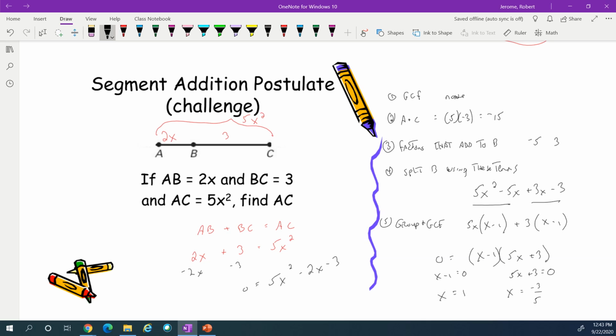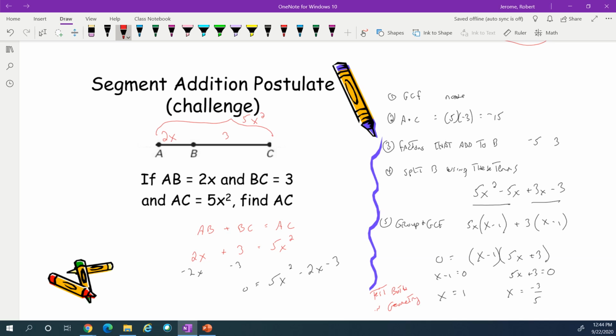Well, remember in geometry, we can't have a negative measurement. And if I plug negative 3/5 in, it would give me a negative answer for AB. So I test them. I'm going to test both of these in the geometry.